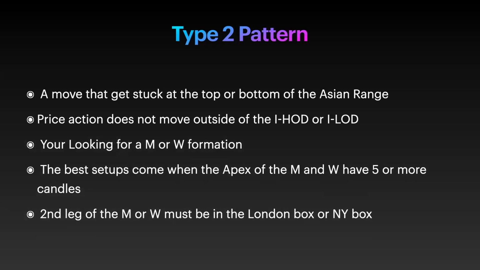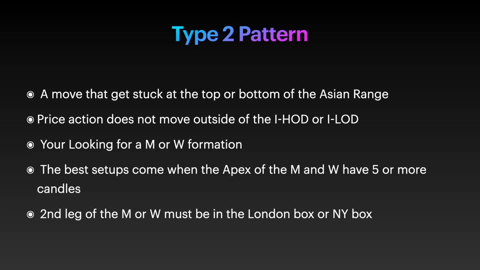Type 2 pattern. It's basically a move that gets stuck at the top or bottom of the Asian range. So contrary to type 1 setups that go past the top or the bottom of the Asian box, type 2 patterns actually get stuck at the top or at the bottom of the Asian box.